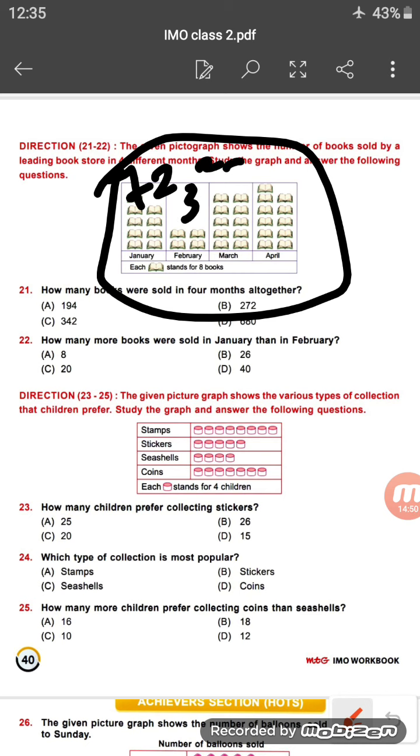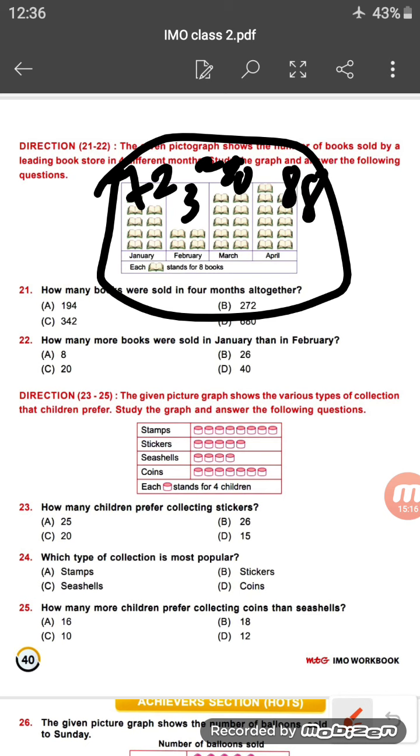March, 10 books are there, 1 2 3 4 5, 1 2 3 4 5 6 7 8 9 and 10. So 10 into 8 is 80. And in April, 1 2 3 4 5 6 7 8 9 10 and 11 means 88.